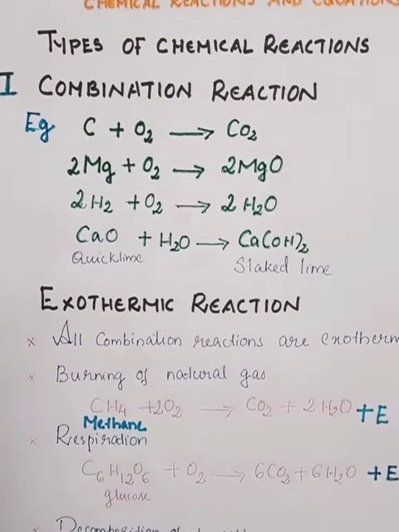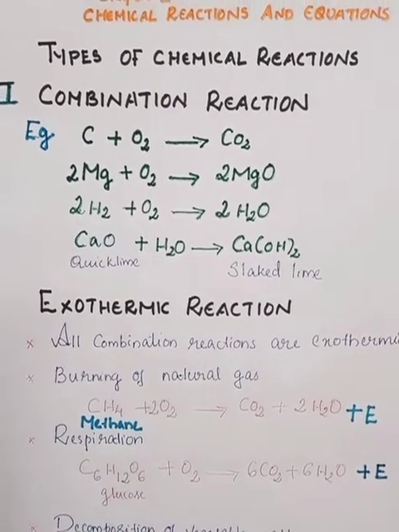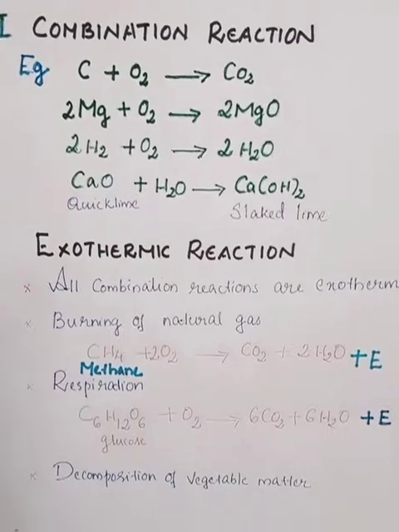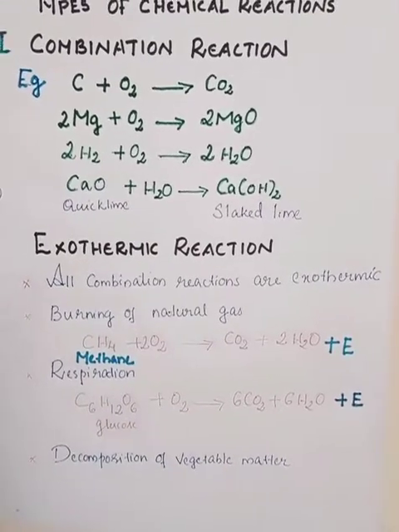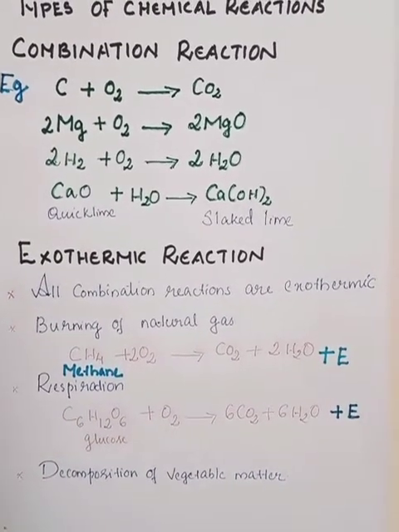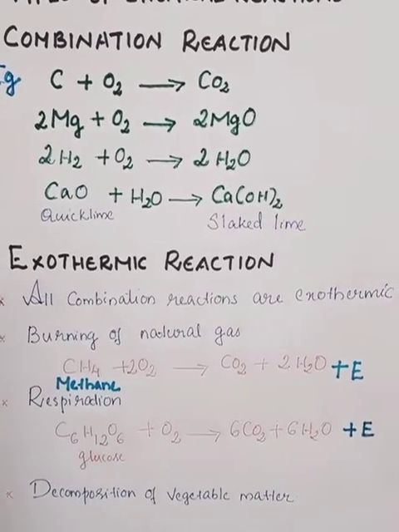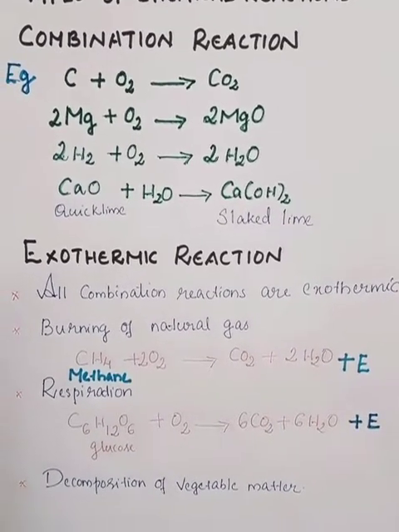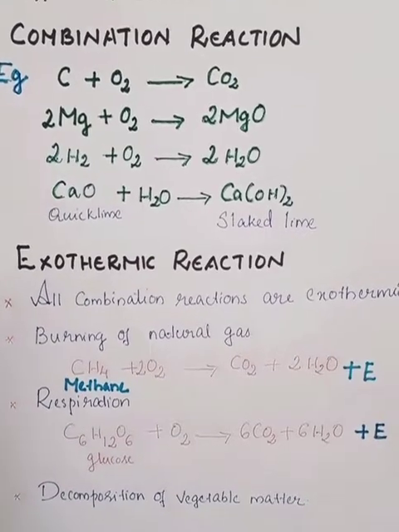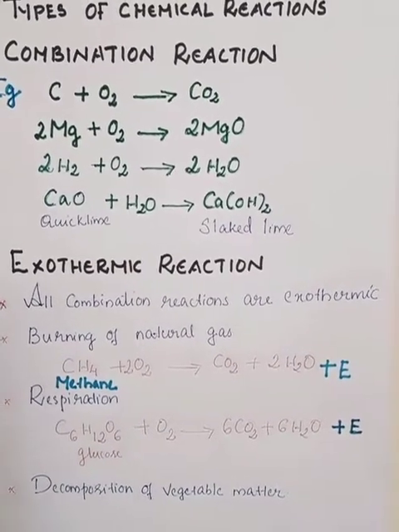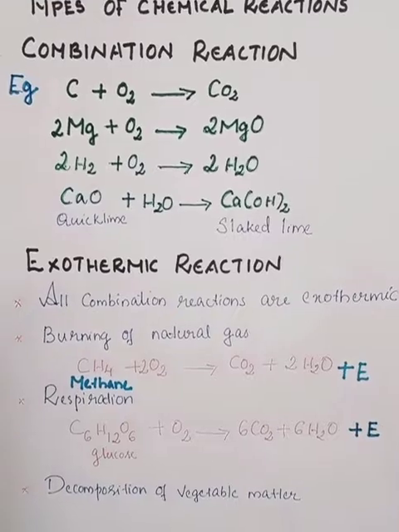Now, let us see another characteristic of combination reaction. Whenever a chemical reaction takes place, it may be accompanied by a change in temperature. During a combination reaction, a huge amount of heat is given out or evolved.